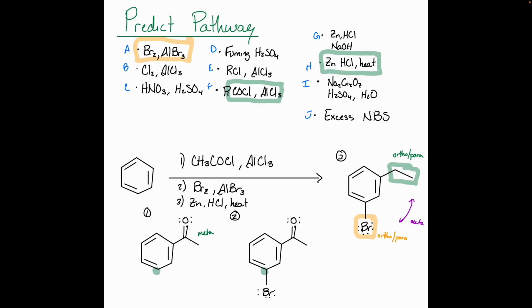All right, so we had this product that had two ortho-para directors, but they were sitting meta to one another, which is how we knew we had to use one of our four reactions here to convert ortho-para to meta directors, or vice versa. Cool. All right, let's do one more here.